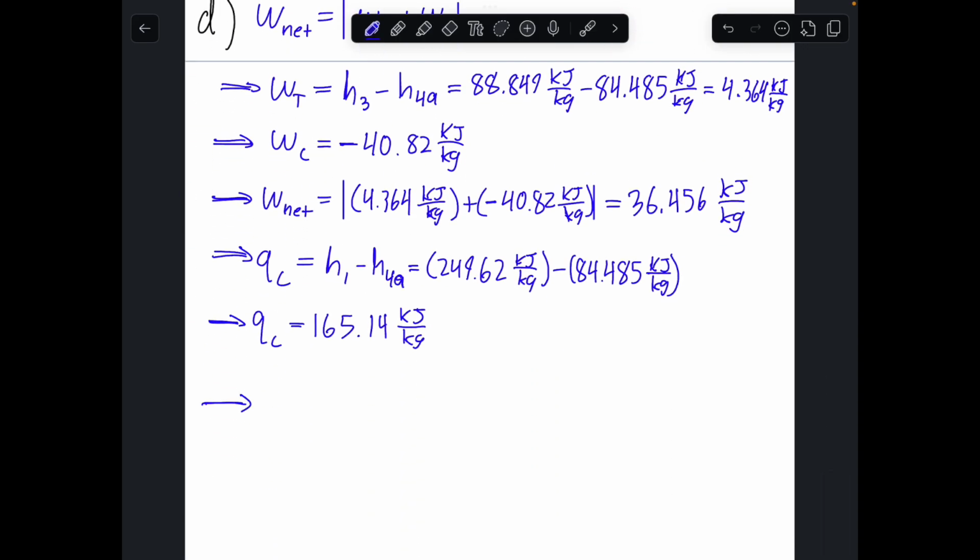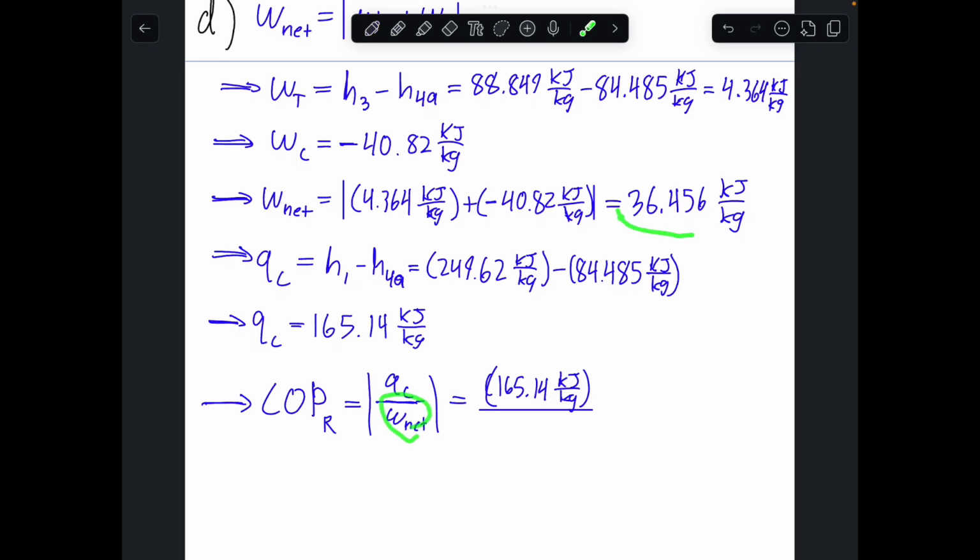So finally, our COP for the refrigeration cycle is just going to be equal to our QC divided by our work net, magnitude of this, which should be equal to 165.14 kilojoules per kilogram divided by our work net up here was 36.456 kilojoules per kilogram.